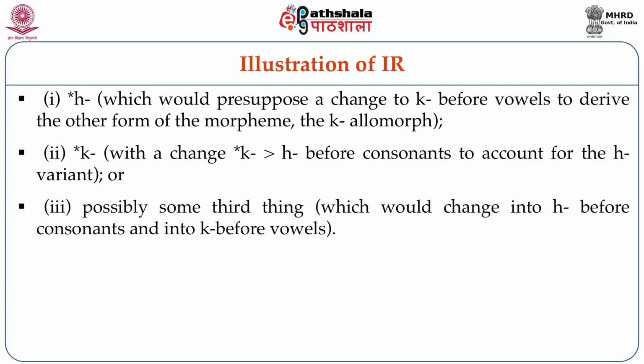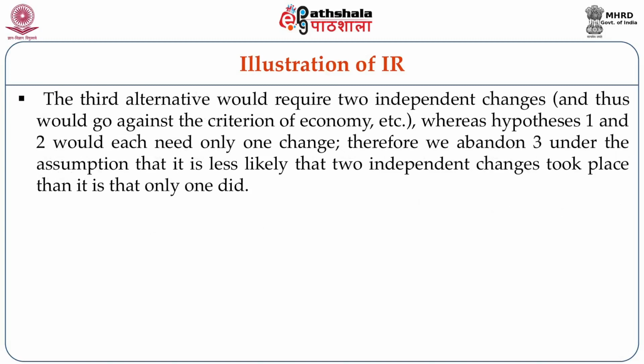And third, possibly some third thing which would change into ha before consonants and into ka before vowels. The third alternative would require 2 independent changes and thus would go against the criterion of economy, whereas hypotheses 1 and 2 would each need only 1 change. Therefore, we abandon the third under the assumption that it is less likely.